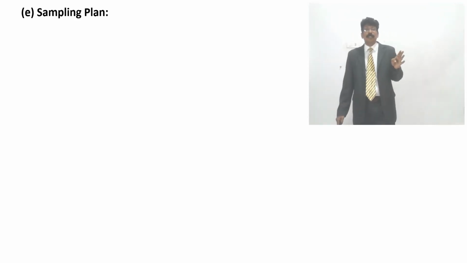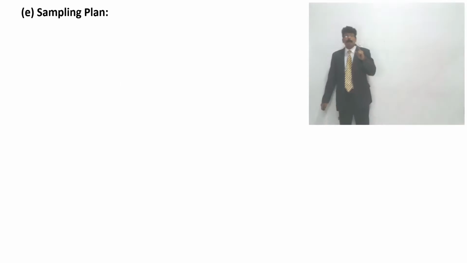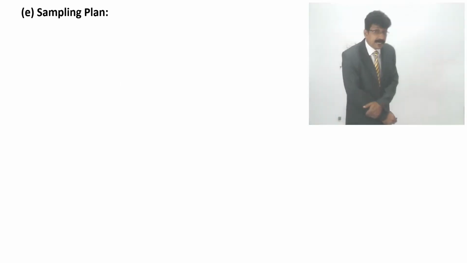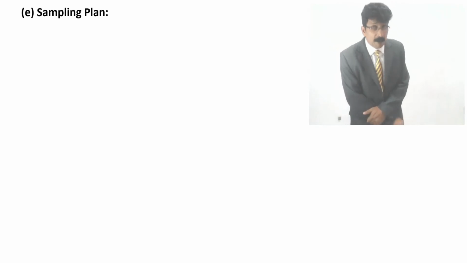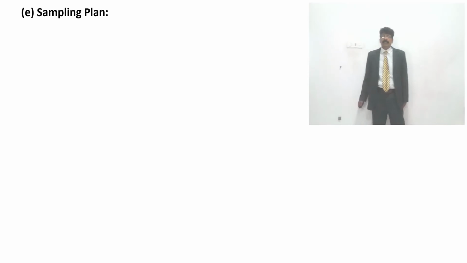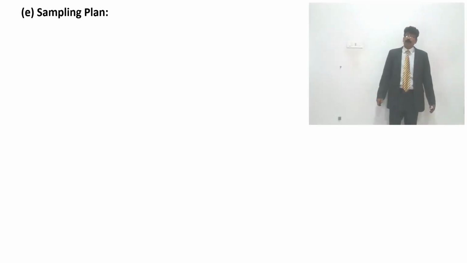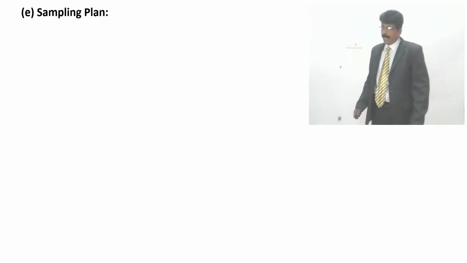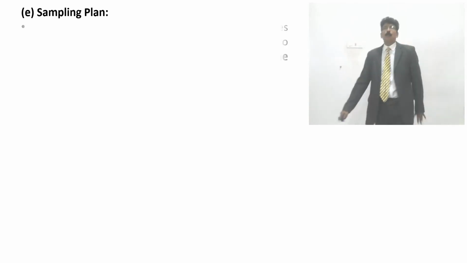The next one is the sample plan. How the sample should be taken. What is the sample plan? Already we know that there are various types of sampling available. Whenever you are taking for any standardization or any type of evaluation, how the sampling should be done, we have already discussed in the first class itself. So here we made it into one slide, very simple.